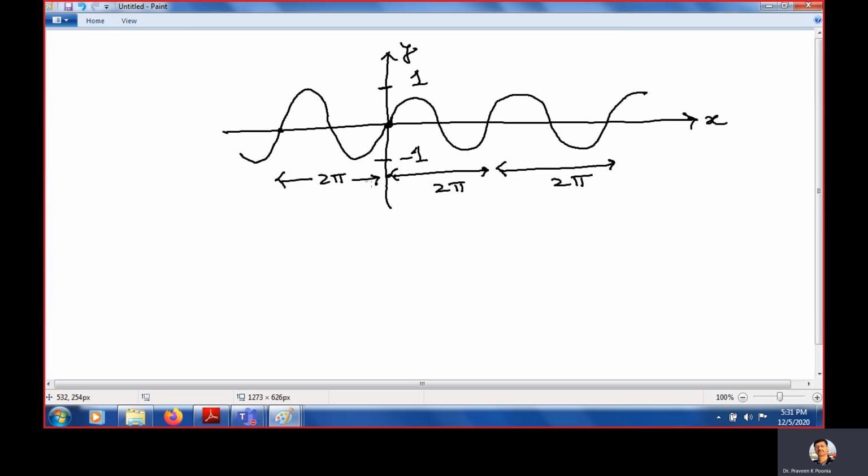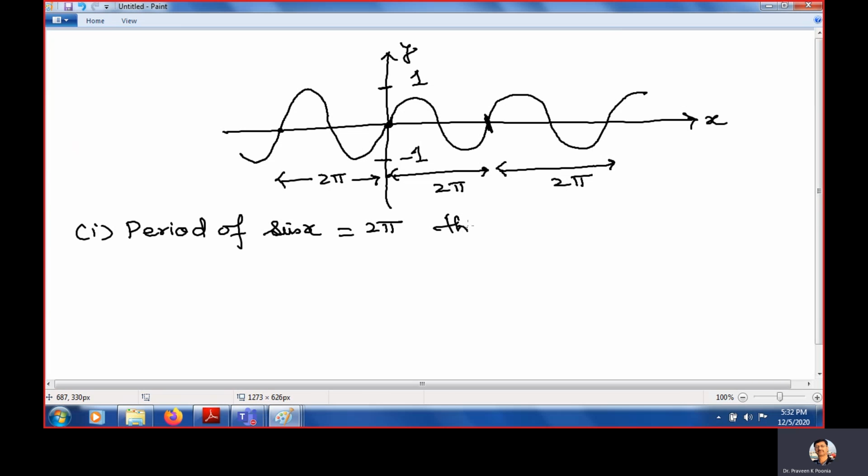So there are three important conclusions you can draw because the value is repeating after every 2 pi interval. Number one, the period of sin x is equal to 2 pi.